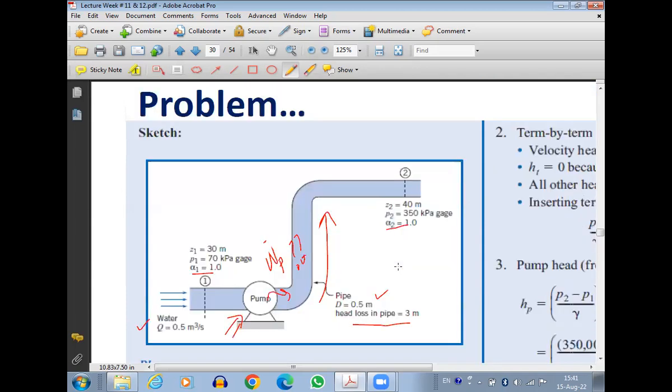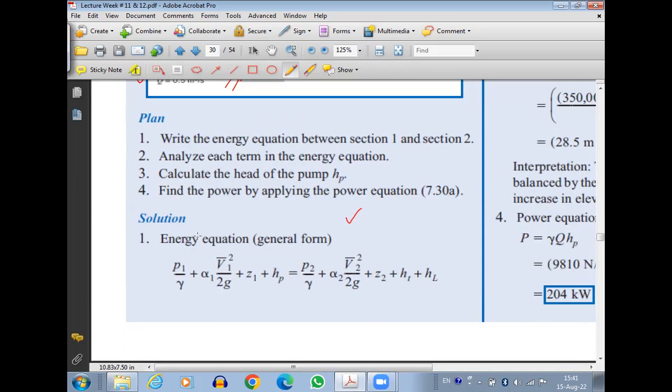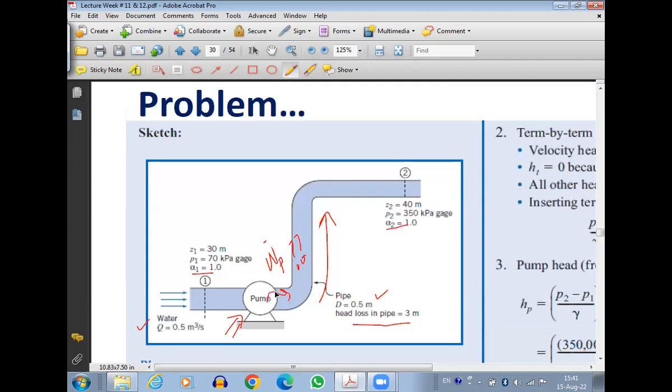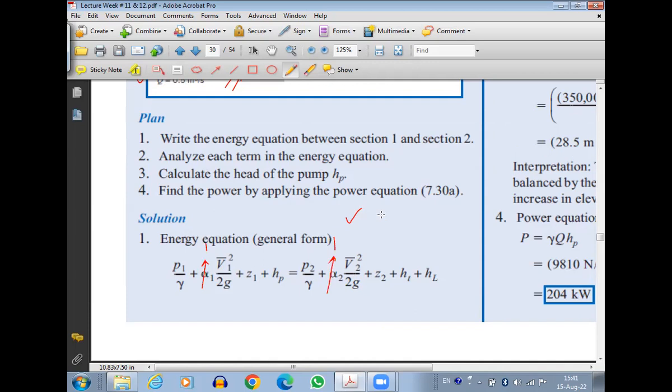It was mentioned that alpha 1 and alpha 2 are equal to 1. So alpha 1 is 1, and alpha 2 is also 1. What else? We know the pressure P1 gauge, and we know the pressure P2 gauge. So P1 is known, P2 is known.